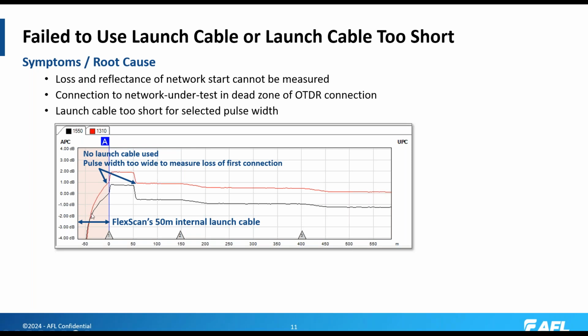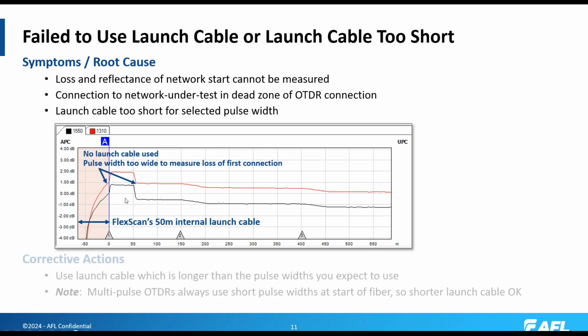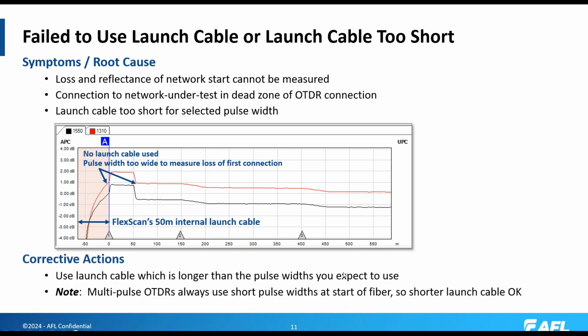We see that the backscatter level inside the OTDR hasn't reached the full level before we see the reflection from the connection to the network under test. That means we will not be able to accurately measure the loss of event 1 here, the connection to the network under test. Corrective actions: make sure you use a launch cable which is longer than the pulse widths you expect to use.